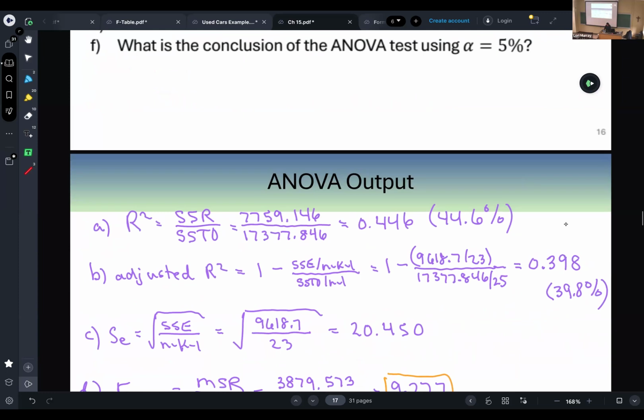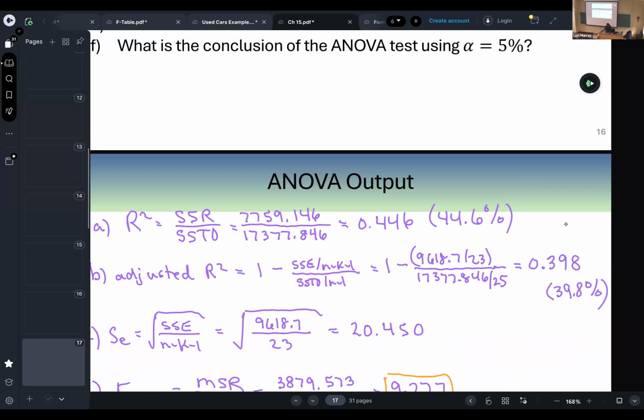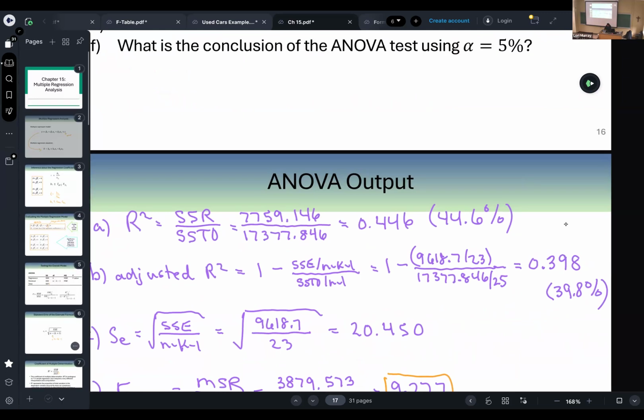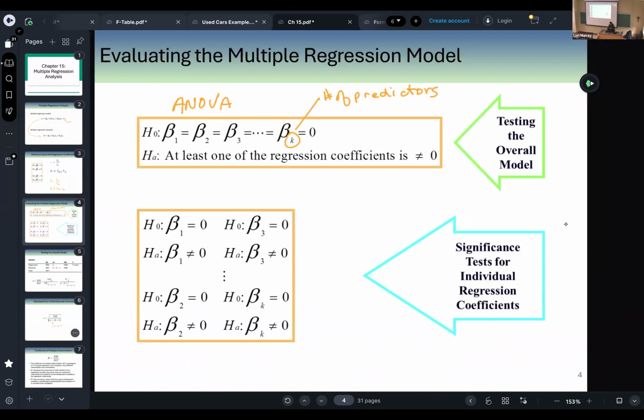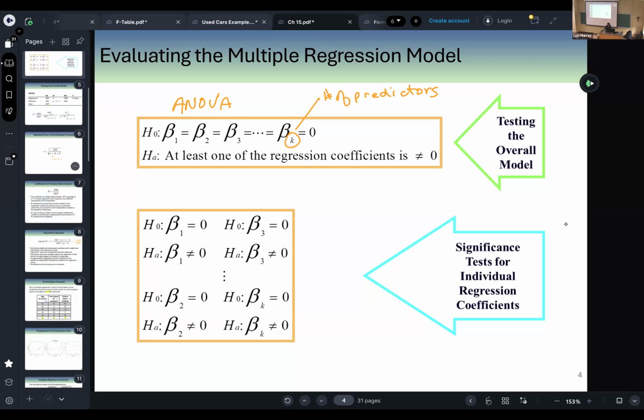I'm just going to go back and find the beginning of these slides. We talked about the overall test. Yeah, the alternative really should be written in words, which is why I was looking at it a little strangely. So the null hypothesis, which we rejected, is that all of the betas are equal to 0 and to each other, versus the alternative, which is just in words: at least one of the regression coefficients is not equal to 0.